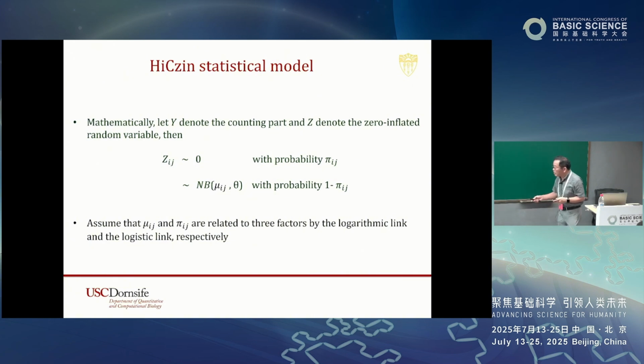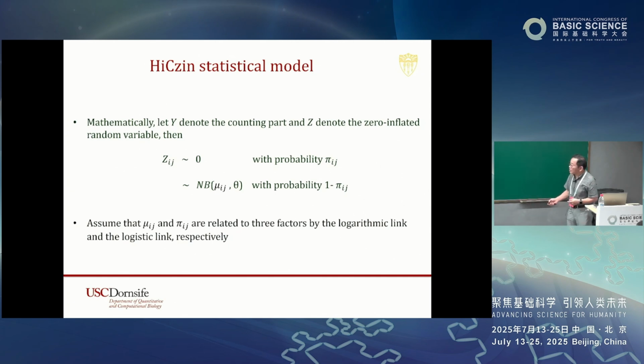And the other one is, given it is not zero, and actually a negative binomial can also have a zero, another component is a negative binomial distribution, with the probability 1 minus pi ij. So there are two parameters, pi ij and uij. And we know that those pi ij and uij all depend on the number of restriction sites, the length, and the abundance. And we want to remove those factors.